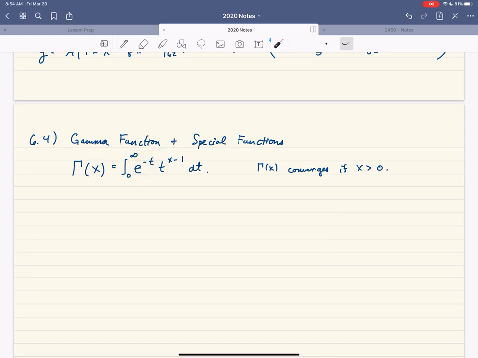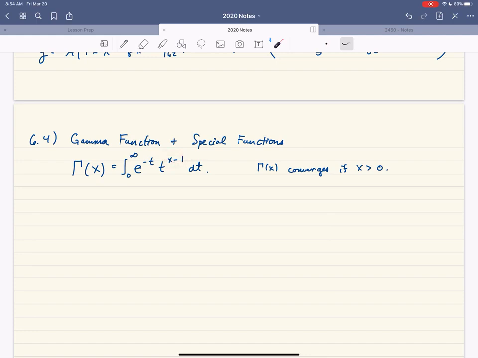That's basically going to be 1 if t is small. But this is t to the negative 1/2. If you remember, the integral of t to the p, if you integrate from t going from 0 to 1, converges as long as p is bigger than negative 1. So here we want our exponent to be bigger than negative 1. That means that x has to be positive.